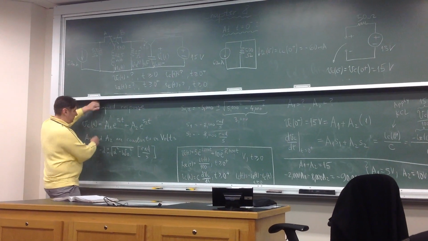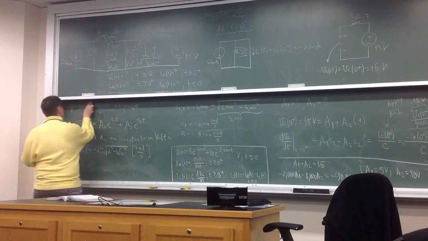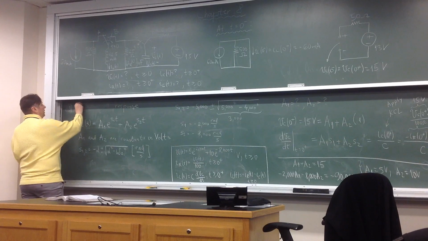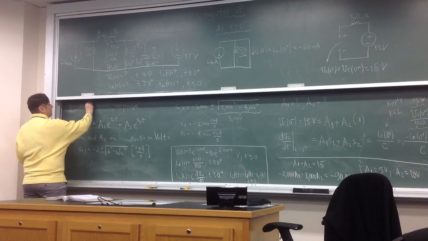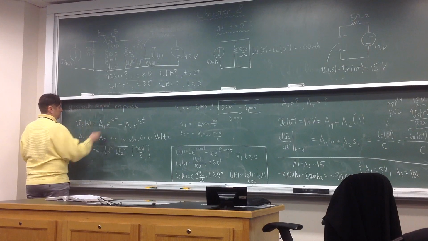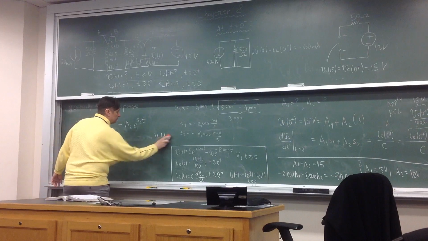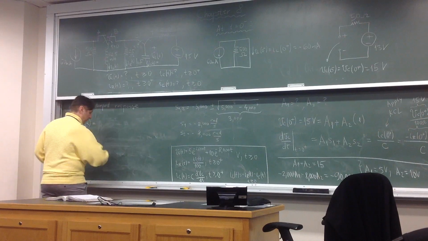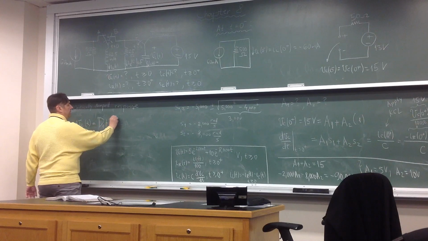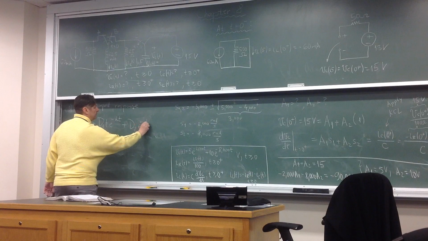Instead of this, now you have a critically damped response, and you have this now. The formula is V(t) equals D1 t e to the minus alpha t plus D2 e to the minus alpha t.